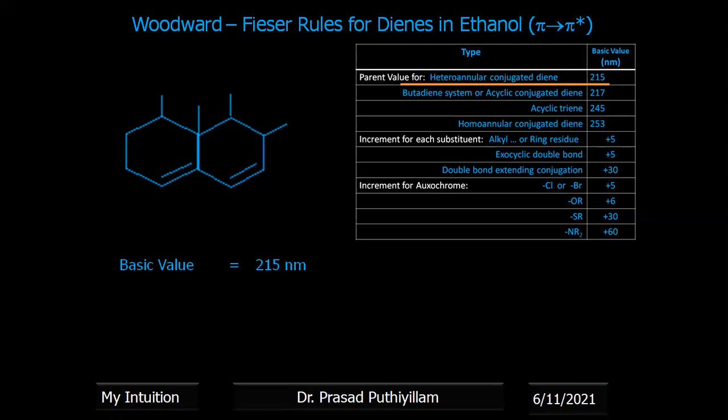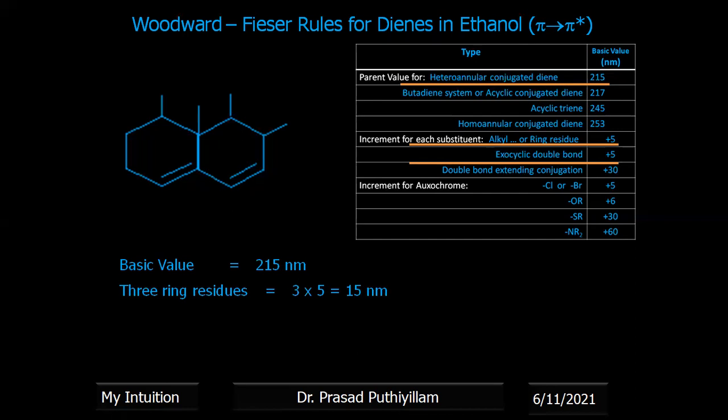Then we have alkyl or ring residues. How many? Let me guess first. If a mistake is there, I will correct it. Here one ring residue is there. So this is the ring structure. Here one ring residue, here one ring residue, here one ring residue. Okay, 3 ring residues. 3 into 5, 15.